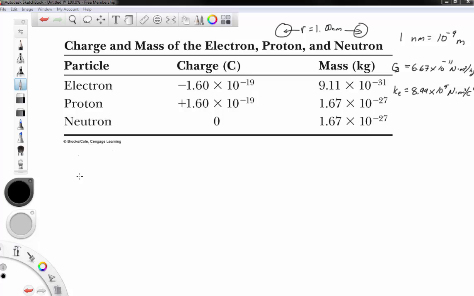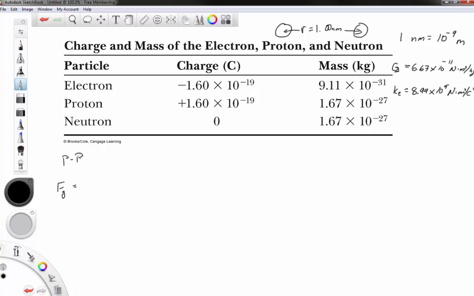All right, so let's start with proton-proton. We'll abbreviate that as P-P. For the force of gravity in this case, we're interested in the magnitudes, not so much the direction.